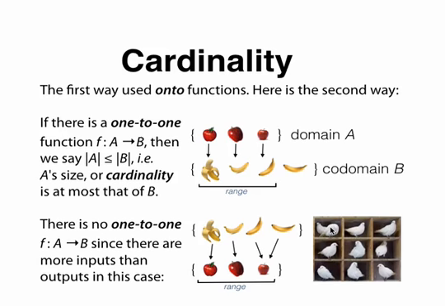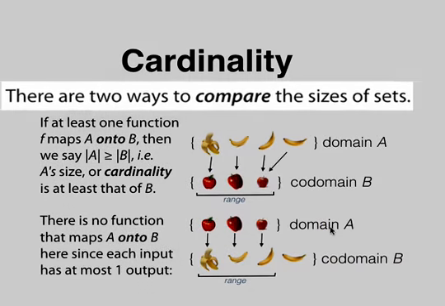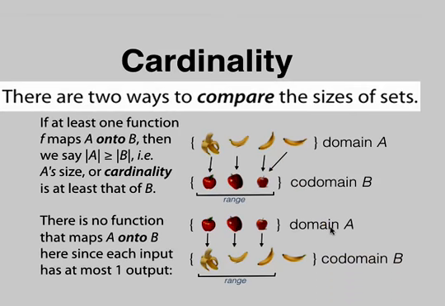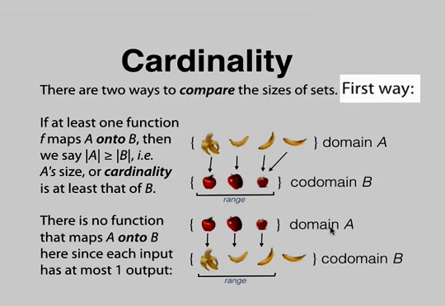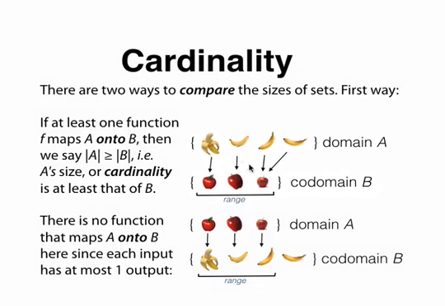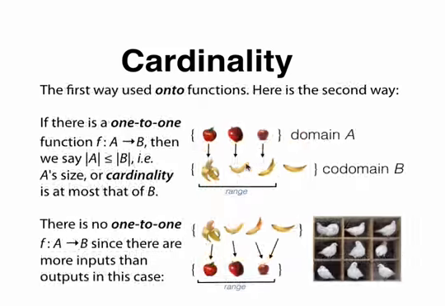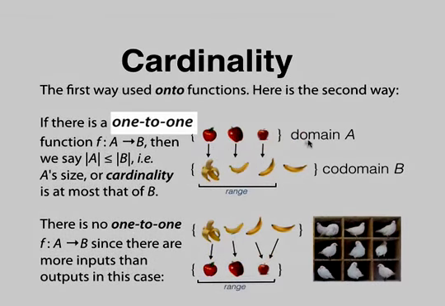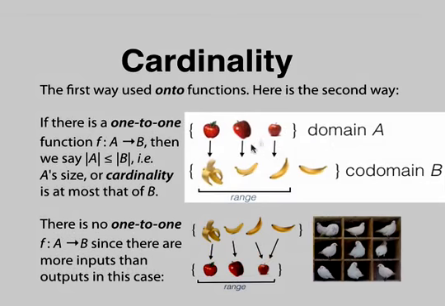Okay, so to review, we've got these two ways to compare sizes of sets. The first one is if you can find an onto function. That means that the domain A is at least as big as the codomain B. And if you can find a one-to-one function, then you know that the domain A is at most as big as the codomain.